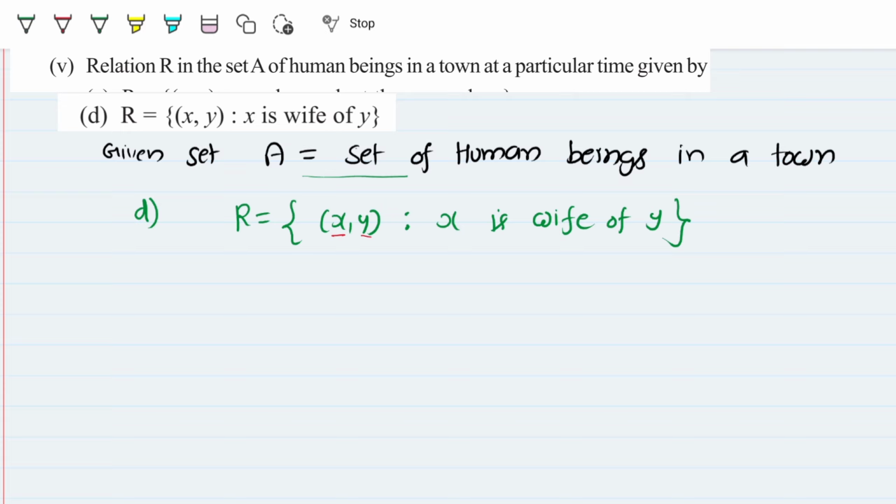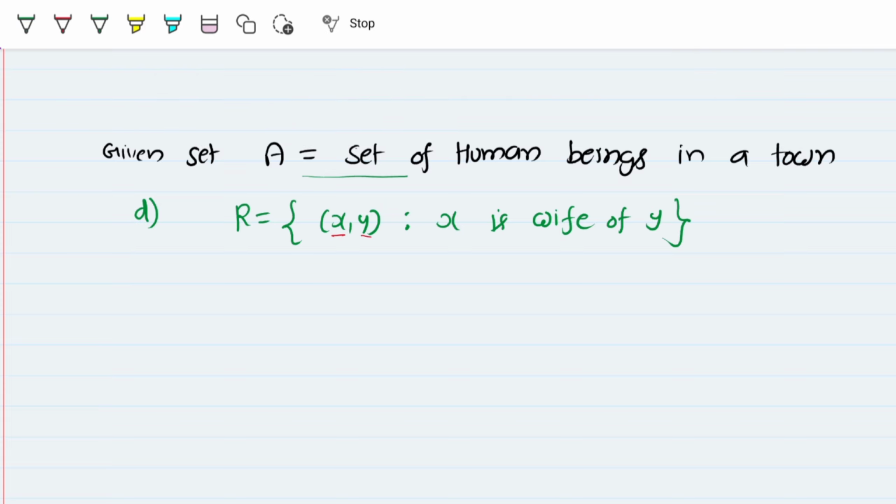For the reflexive, what we look for is that every element should be self related. So for reflexivity we have to check that the pair x comma x should be in R. Obviously nobody can be wife of himself or herself, so it is not reflexive.